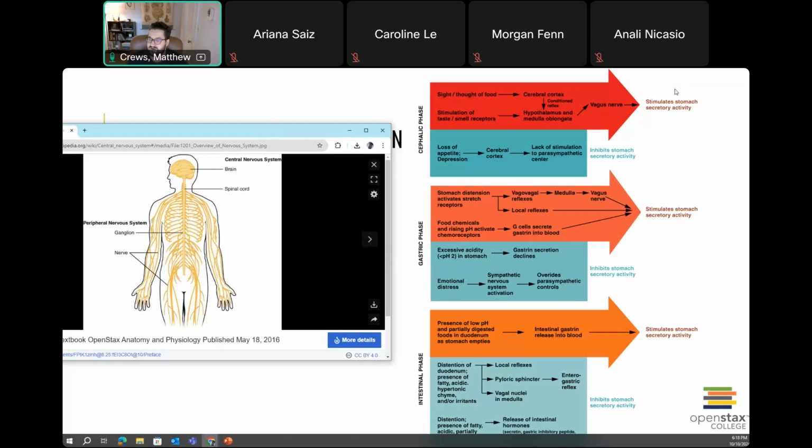So if the vagus nerve, parasympathetic, is stimulating stomach activity, a release of epinephrine into the system will trigger a fight or flight response, which will back the foot off the pedal of the parasympathetic controls. Okay, so fight or flight, rest or digest. If fight or flight's happening, your body says, hey, it's not that important that I eat this right now, let's run away.